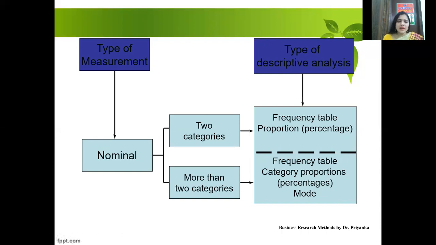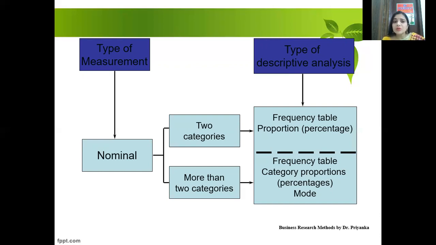Mode here is a kind of a part of central tendency. Mode basically tells you how many times one particular number or anything repeats. For example, you want to see a number which is coming the maximum number of times.